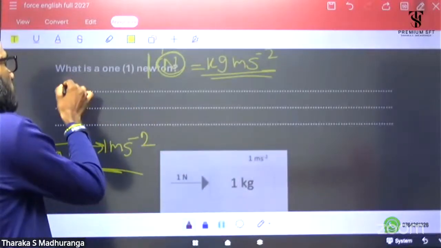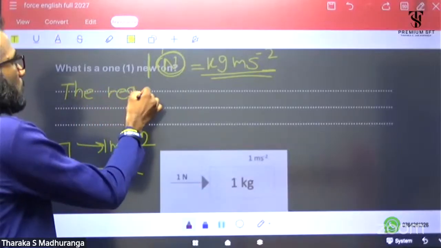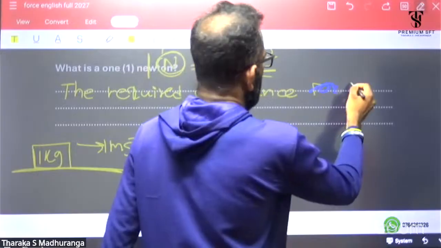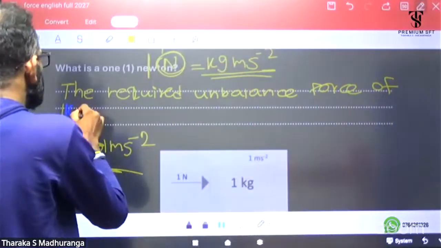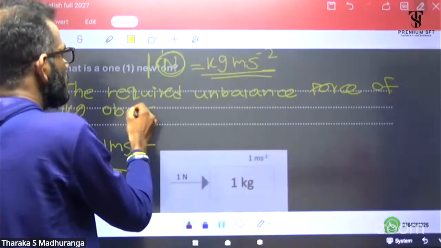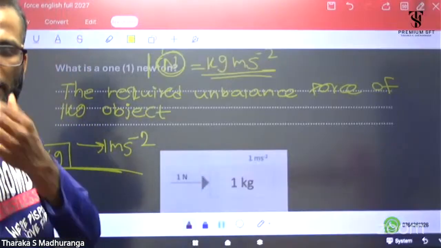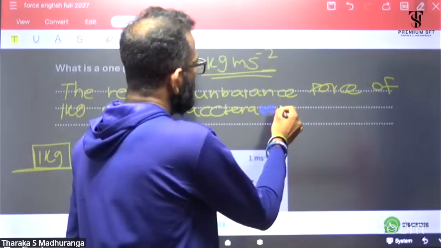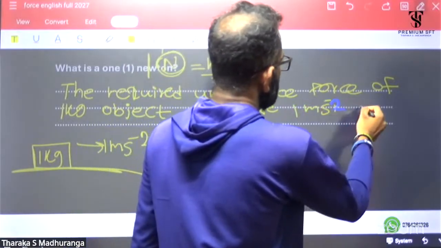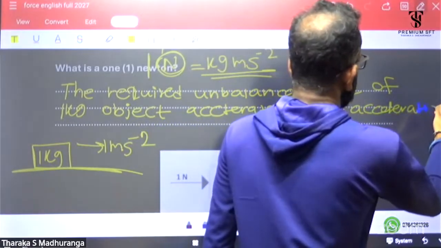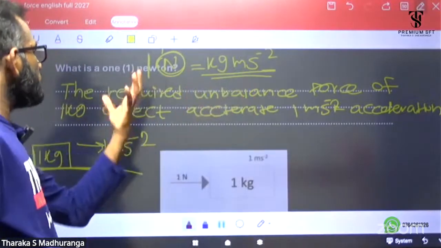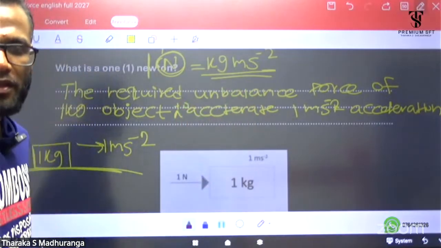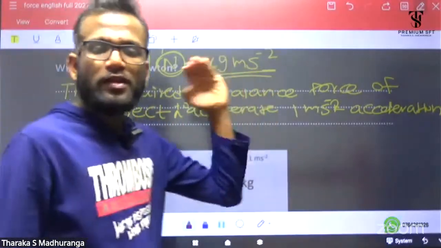The required unbalanced force to accelerate a 1 kilogram object at 1 ms minus 2 acceleration, we call 1 Newton.